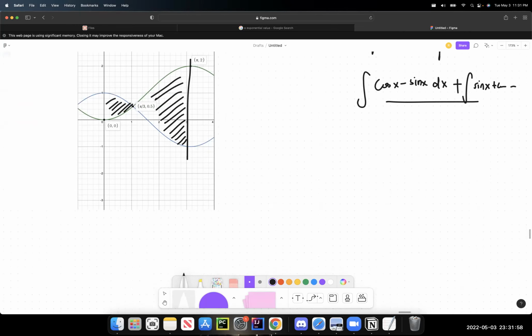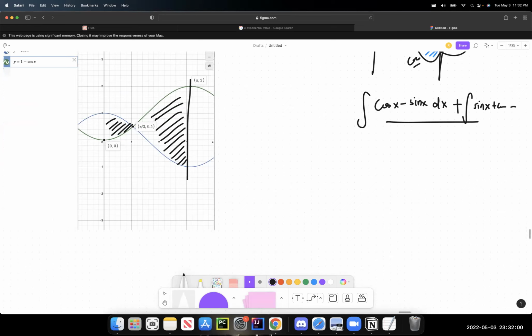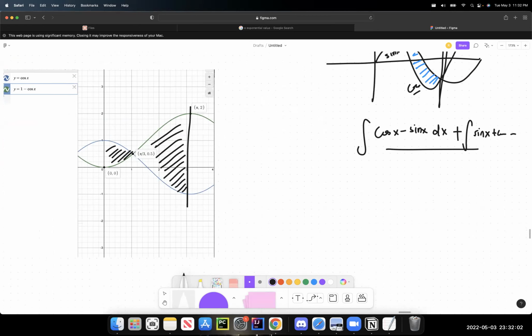The same idea is happening here, where this blue curve is clearly cosine. So you would do the top minus the bottom one, this curve right here, which is 1 minus cosine of x. That's one area.